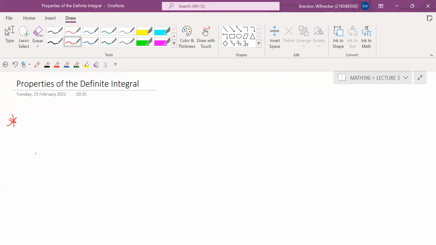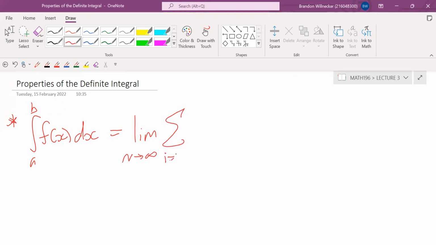So the integral from a to b, f of x dx. Remember, that is just notation. We just wrote that down to make it look better. Remember that this is always the limit as n goes to infinity, the sum from i equals 1 to n, f of x_i* delta x.